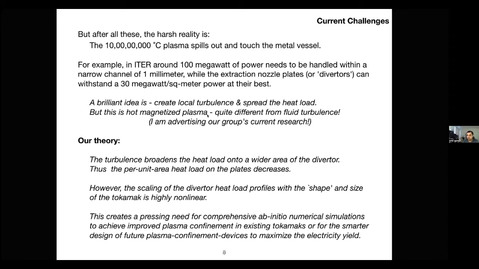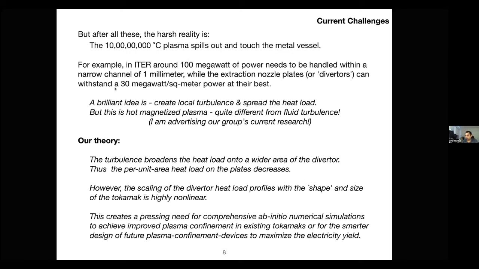But this is hot magnetized plasma, so this is pretty different from fluid turbulence. So we need dedicated codes, etc. As I said, I'm advertising our group's current research. In our theory, what we are proposing is that the turbulence broadens the heat load onto a wider area on the diverter. Thus, the per unit area heat load on the plates decreases.